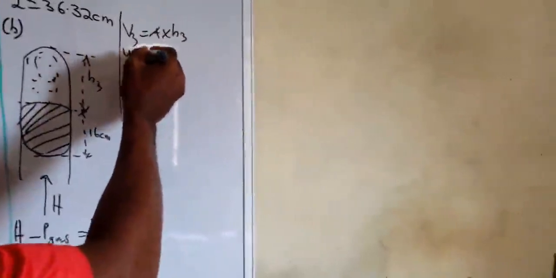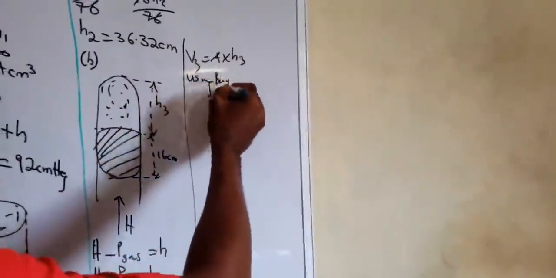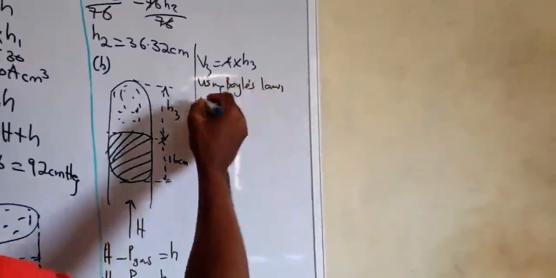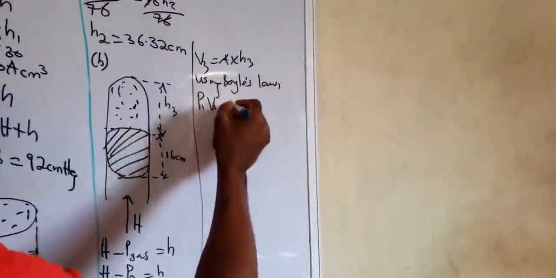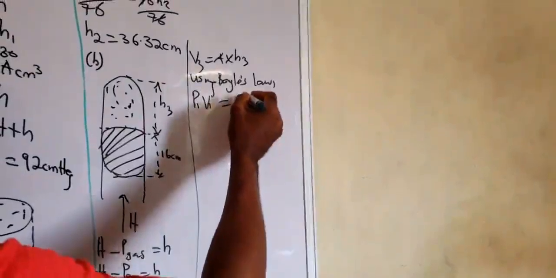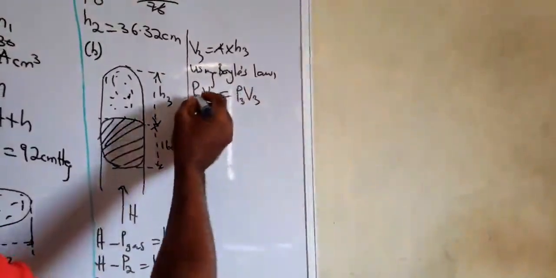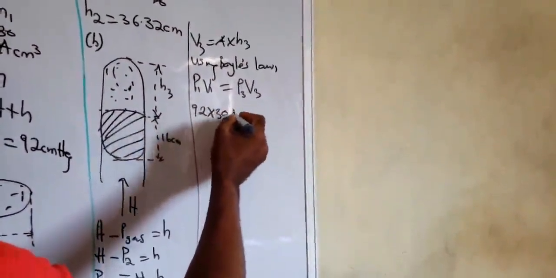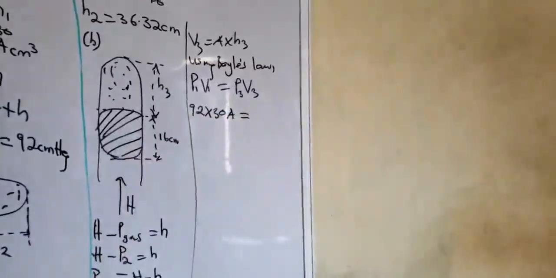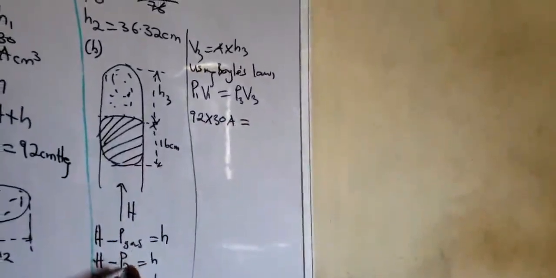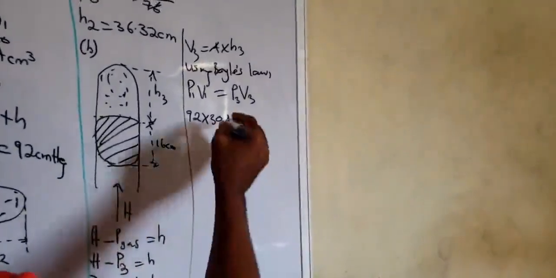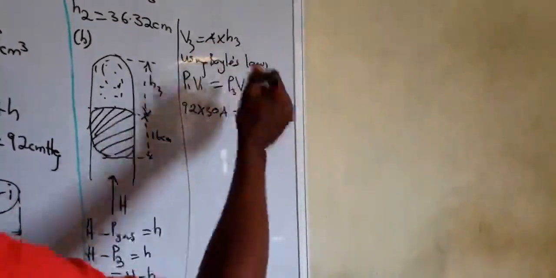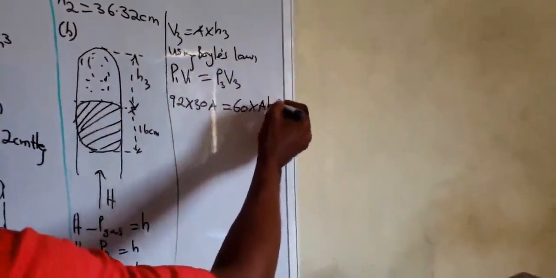So using Boyle's law again, we say P1 V1 should still remain the same thing as P3 V3. Remember, our P1 is 92, our V1 is 30A. Should be the same thing as our P3, which is 60, multiplied by our V3, which is AH3.